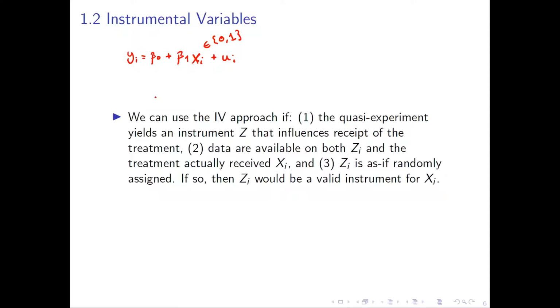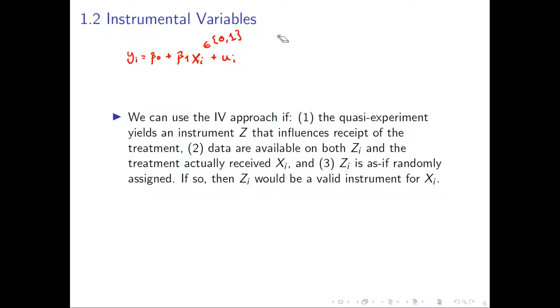And we saw in the previous video that we could add some control variables, w, in order to reduce the omitted variable bias here and make x random conditioned on the control variables.